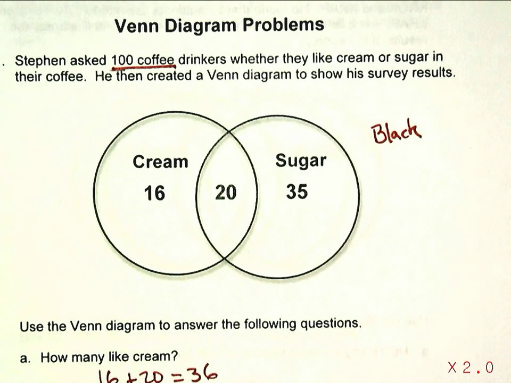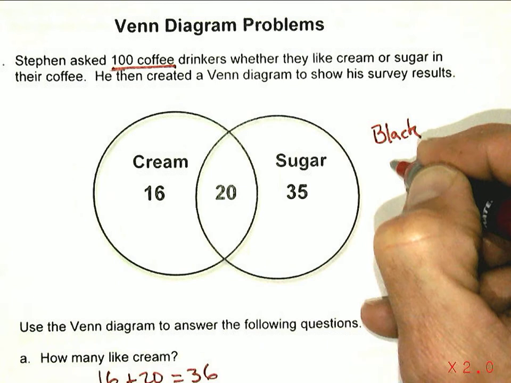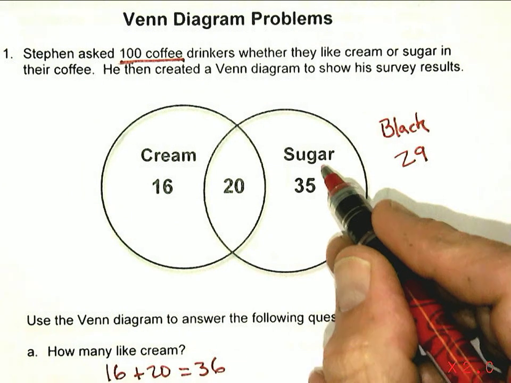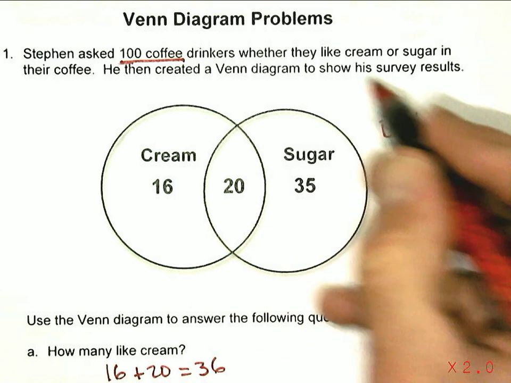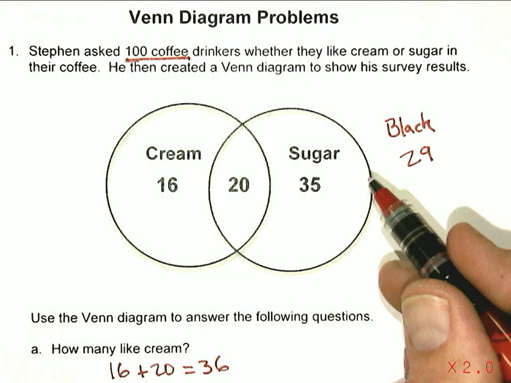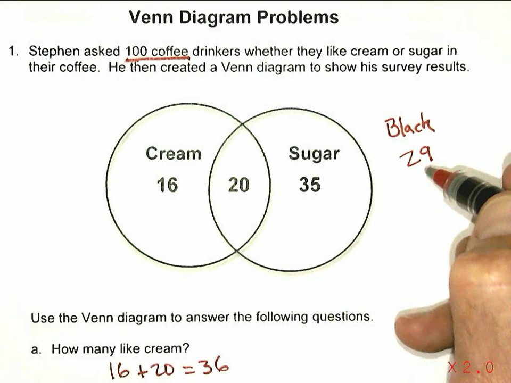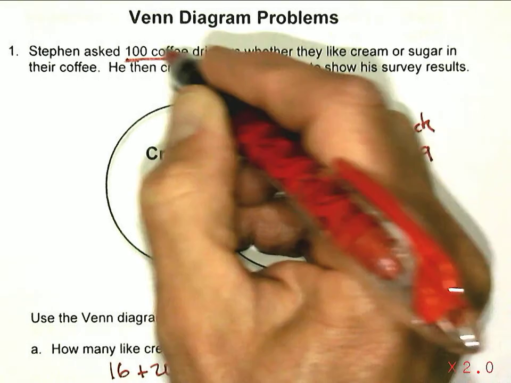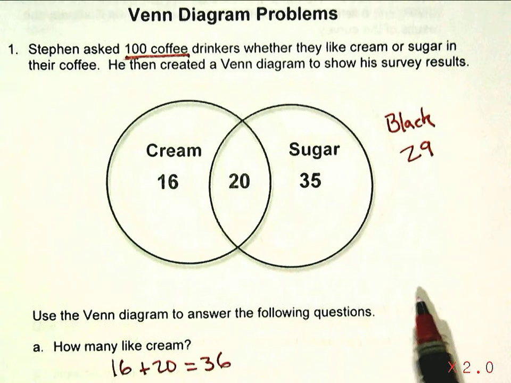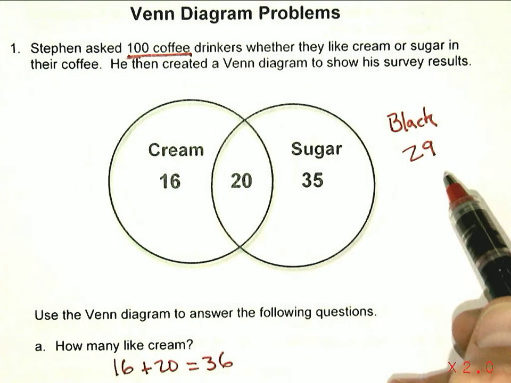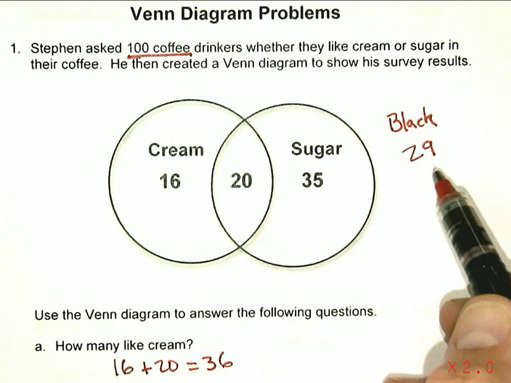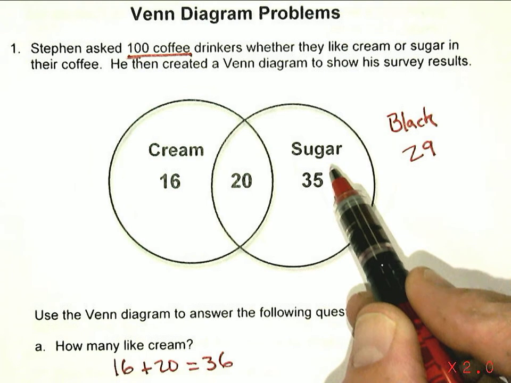So we could actually go back to our circles out here and put outside the circles black, because these people don't like sugar or cream or both. They really are outside the pair of circles. And so the representation in this case gives us the final people that were a part of that 100 that we initially had, and now we've included them as well because they're the ones that like their coffee black, no cream or sugar in this case.